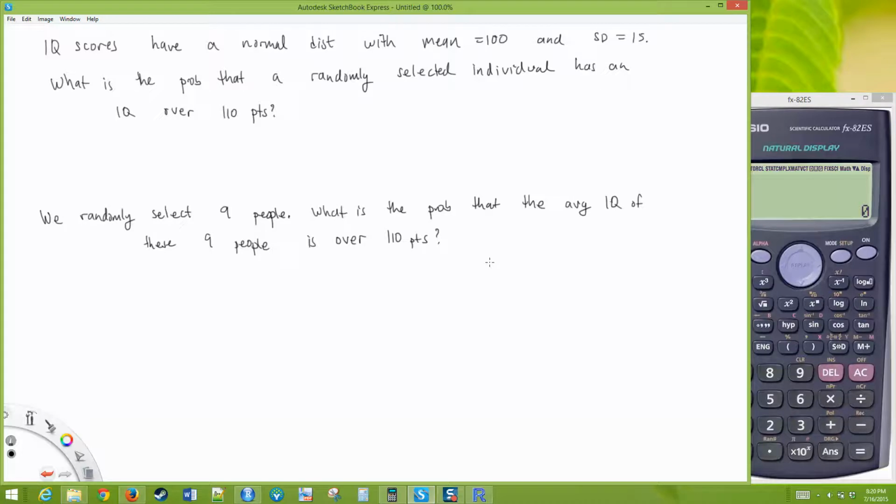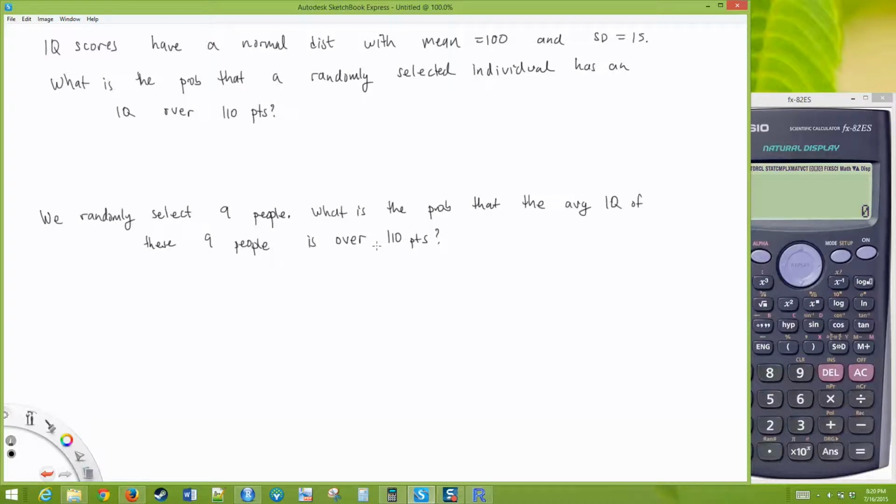So let me just make sure you understand what these questions are asking. One is talking about selecting an individual, and you want to know the probability that this randomly selected individual has an IQ over 110. In the second one, we are dealing with a sampling distribution because we're taking a random sample of 9 people, and I'm asking what's the probability that the average of our sample of 9 people is over 110.